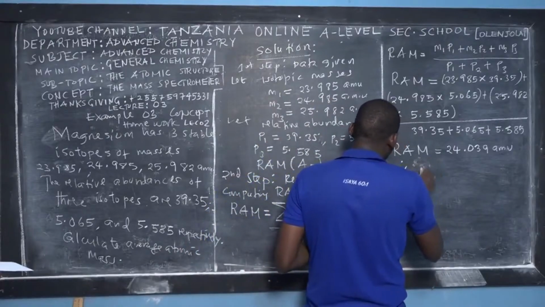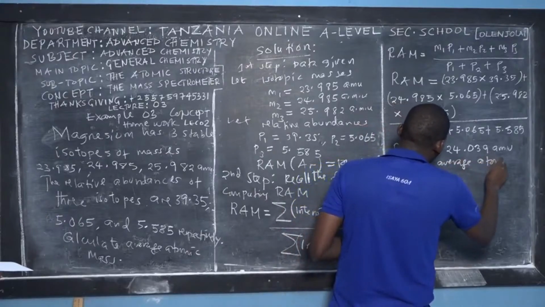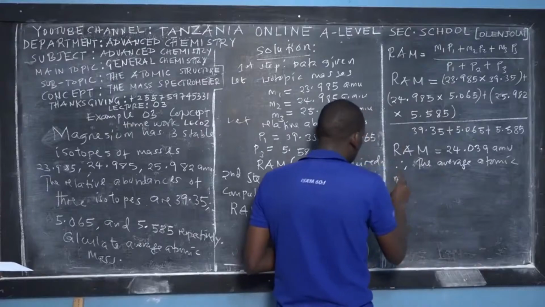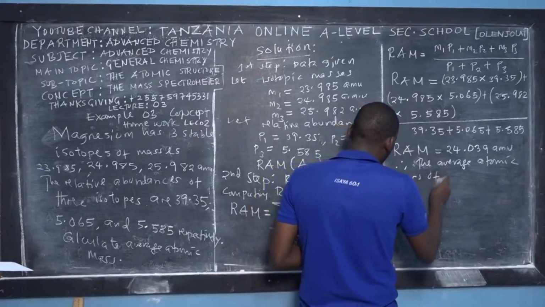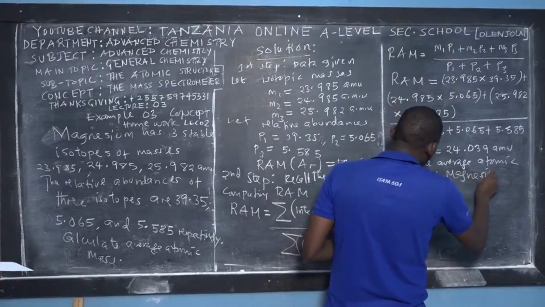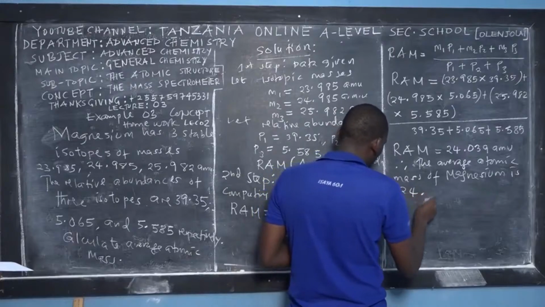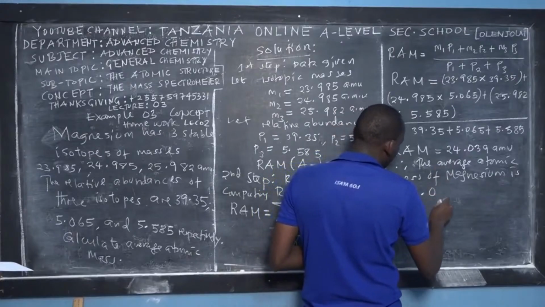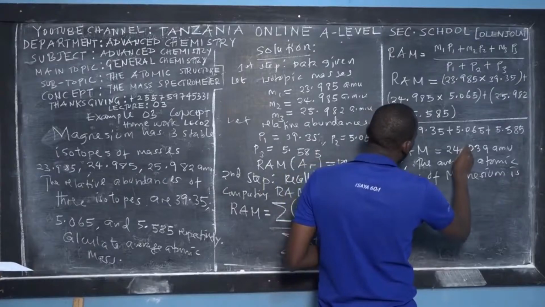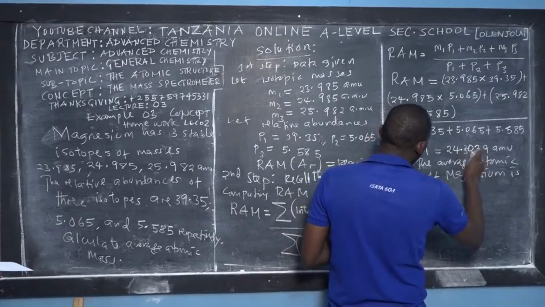So therefore, when we are being asked to calculate the average atomic mass, we write like this: the average atomic mass of magnesium is 24, and it is true because that's the atomic mass of magnesium. So this is 24.309.